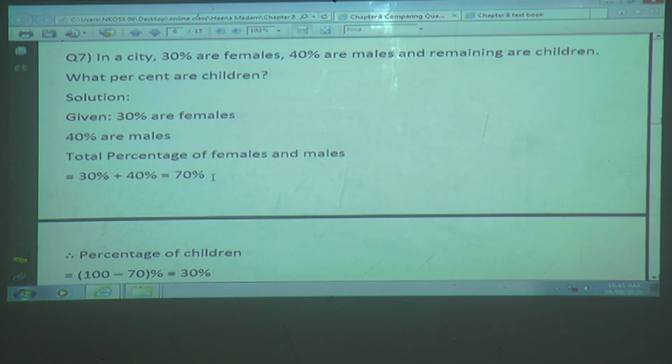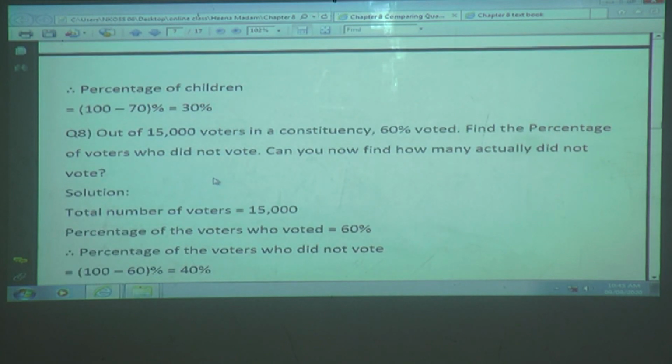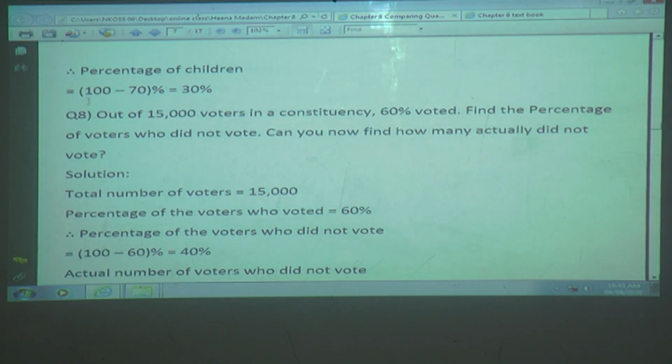So therefore the percentage of children is equal to 100 minus 70. What is 70? It is nothing but the total percent of male as well as female, 70%. So 100% minus 70% will be 30%. So 30% are children in the city.